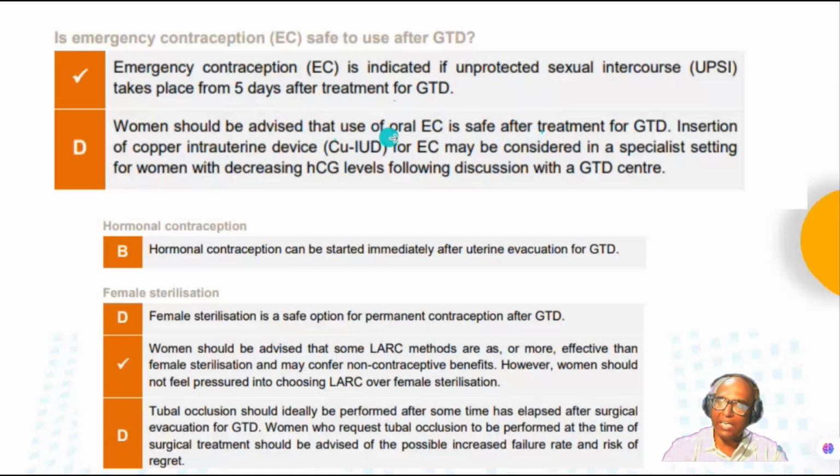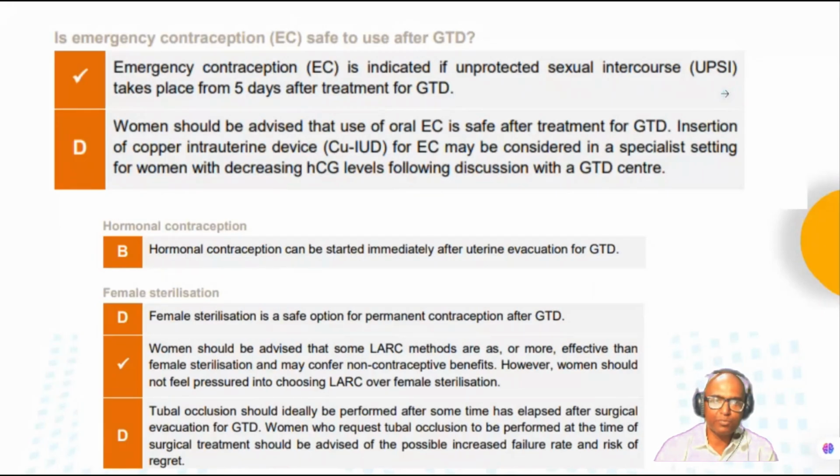So here you can give oral EC, that is, hormonal EC. Insertion of a copper IUD for EC may be considered in a specialist setting for women with decreasing HCG levels following discussion with the GTD center. So EC is preferably oral EC. This is what the guidelines say.